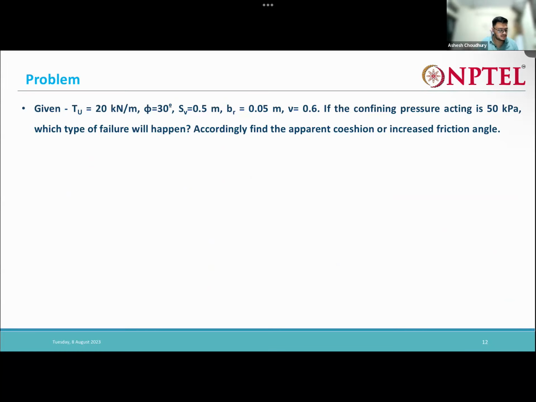Tu is 20 kilonewton per meter, phi is 30, Sv is 0.5, Pr is 0.05, mu is 0.06, and the confining pressure acting on the field is 50 kPa.